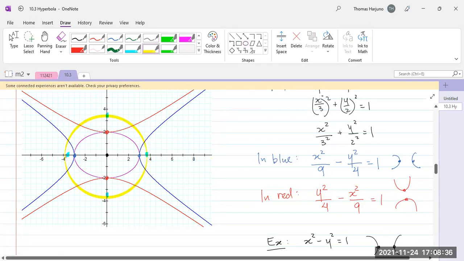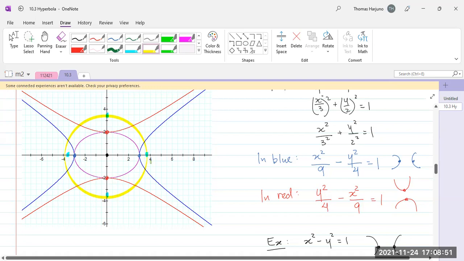The foci for the blue hyperbola are here, on the yellow circle.